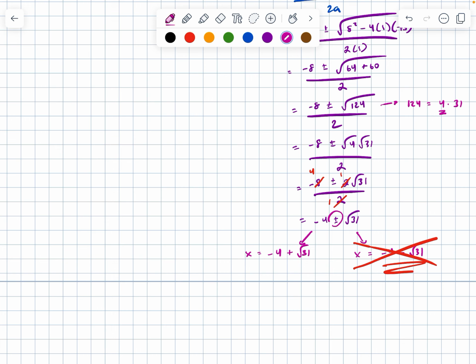This is a negative length that doesn't make any kind of sense in context, which means that negative 4 plus the square root of 31 meters, which if I were to plug this into a calculator, would be about 1.57 meters, is my only final answer.